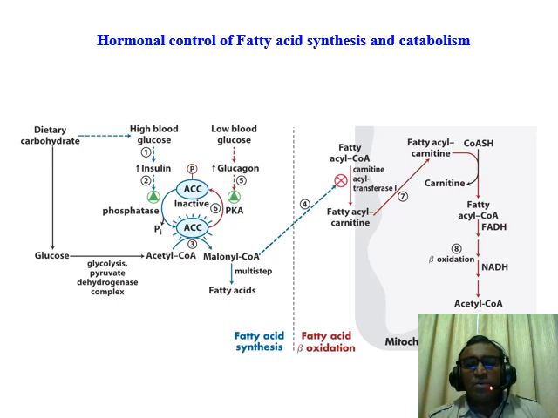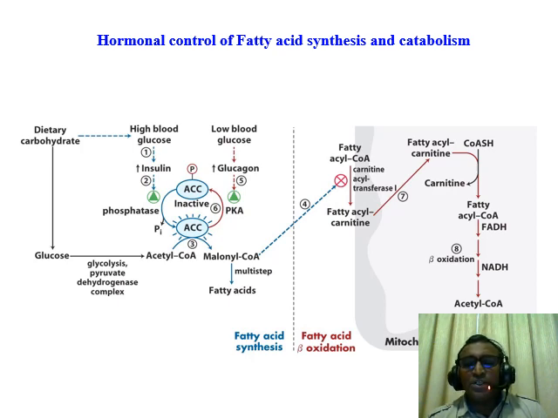When there are low levels of malonyl CoA, it cannot go and inhibit the carnitine shuttle, and this allows the fatty acid from the cytoplasm to now go into the mitochondria and proceed into the beta oxidation. Therefore, energy can be attained from fat cells rather than glucose.